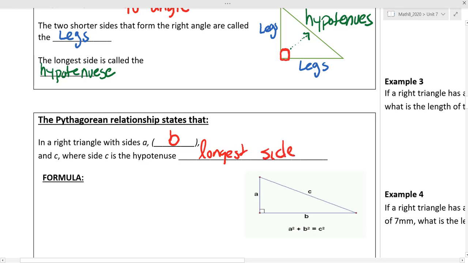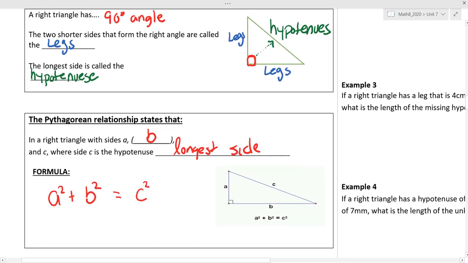And the formula that we have is we add up the squares of the short sides and it equals the square of the long side. Okay? And that's Pythagorean's theorem.